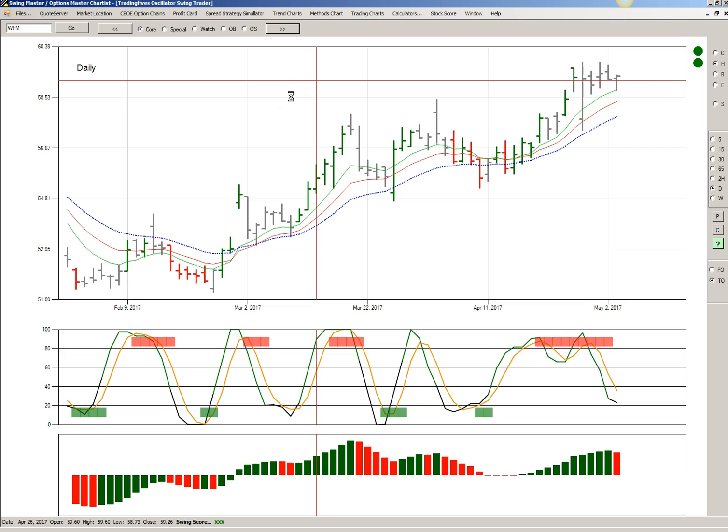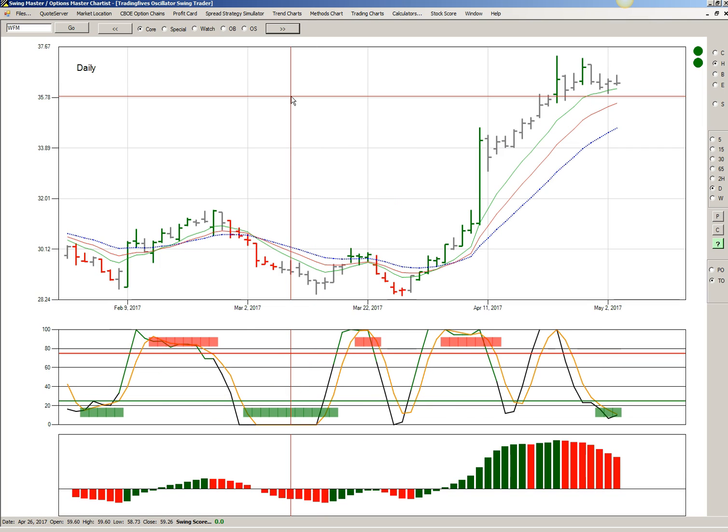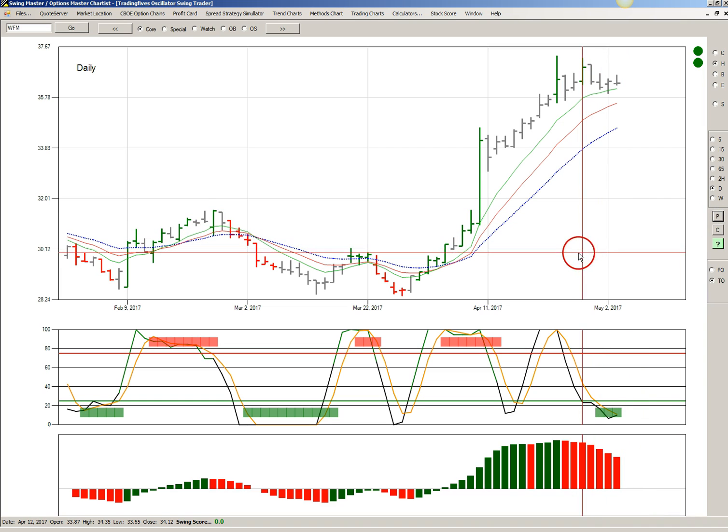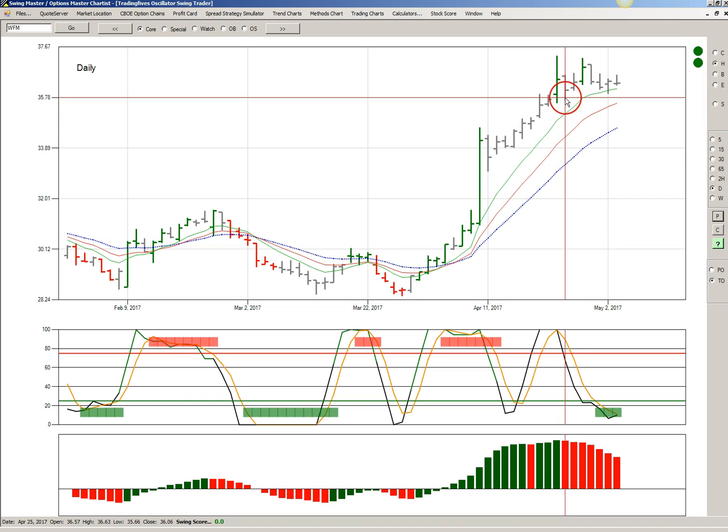Okay, the next one we want to look at is WFM, and that's Whole Foods Market. We included this one just to show you that not all signals execute. We'll click the P for price, and we had a crossover 6 or 7 days ago, and the first red bar was this bar right here. So the signal price was $35.66.